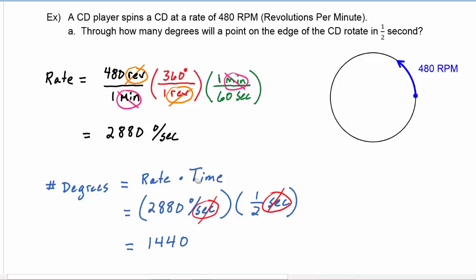And so the only units that are left are the degree units. So the point on the edge of the CD that's revolving at 480 revolutions per minute, that point will rotate through an angle of 1,440 degrees in 1/2 second.